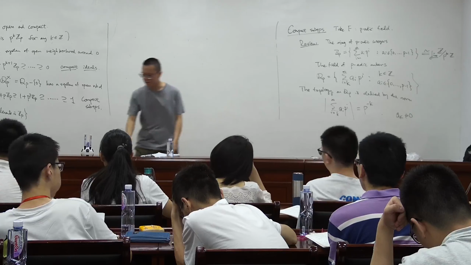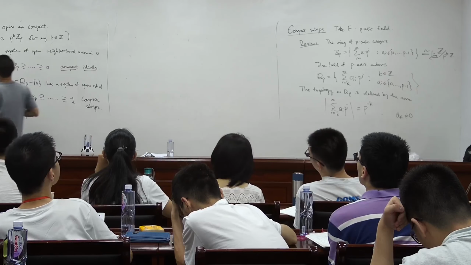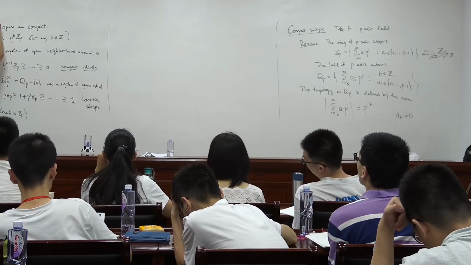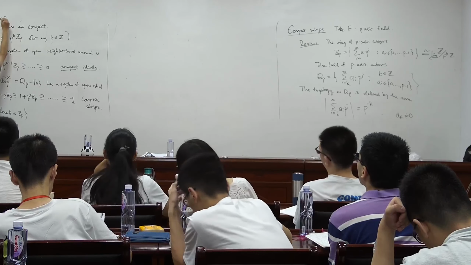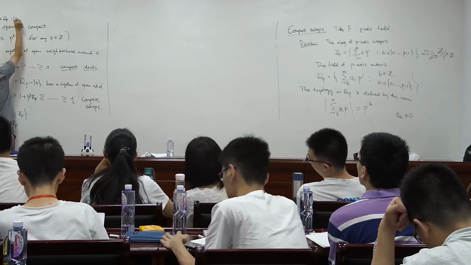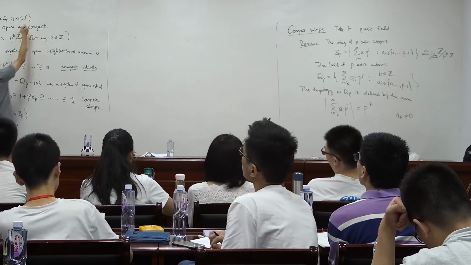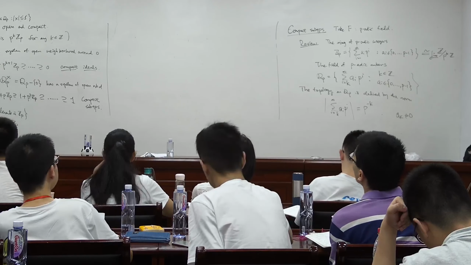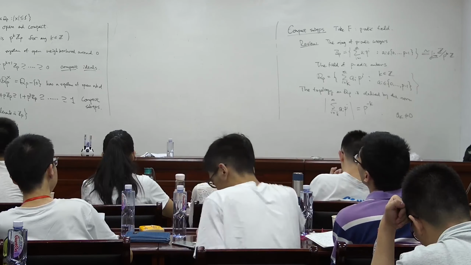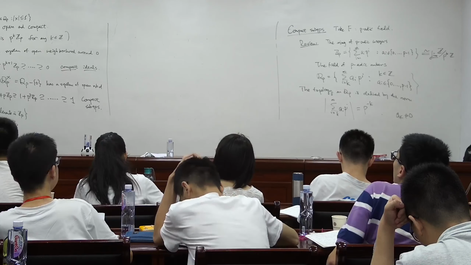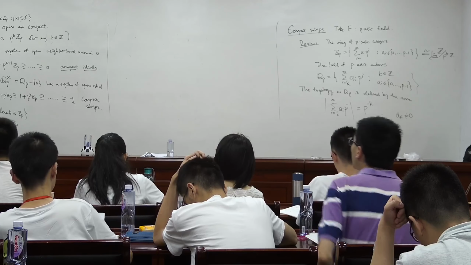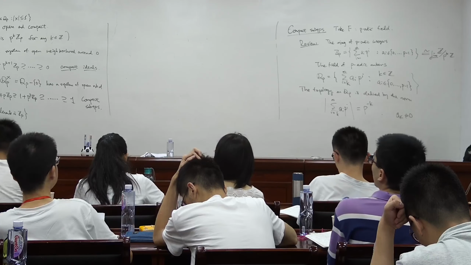Perhaps if I write it in this way, then this is more interesting. The set Z_p is all the elements which have norm less than or equal to 1. Then you can imagine this set Z_p is like a disk. It's open and compact.